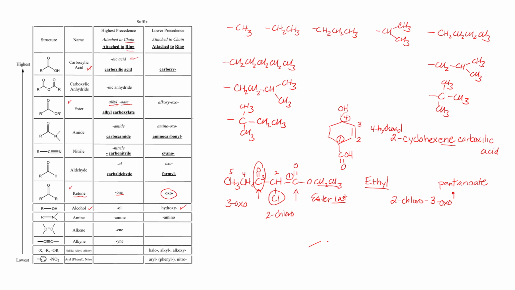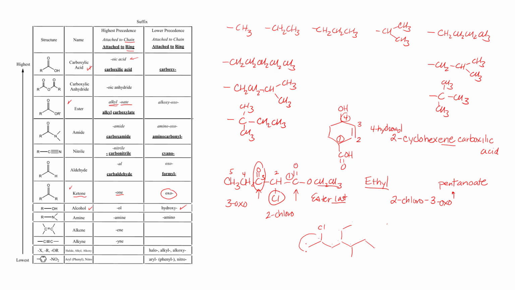Basically a run-of-the-mill alkane, just to kind of remember that. If we had this chain, the first step is to find the longest continuous carbon chain. In this case, I would have 1, 2, 3, 4, 5, 6, 7.